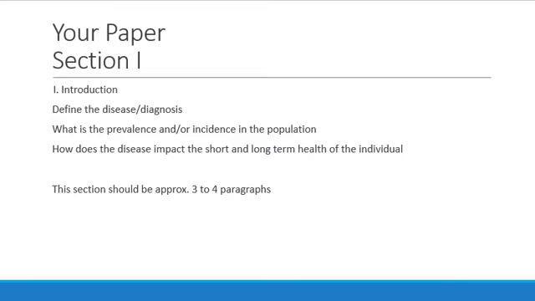So what is your paper going to look like? You're going to have an introduction section first. This is where you're going to define the disease or that diagnosis. I want you to discuss the prevalence and/or incidence in the population. The prevalence is that point in time, a cross-sectional analysis where you're like, 10% of the population at any point in time has chronic low back pain.